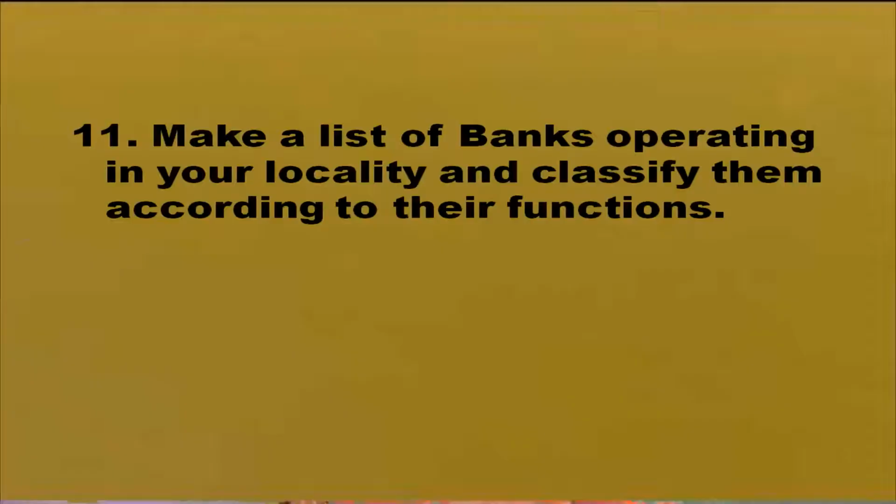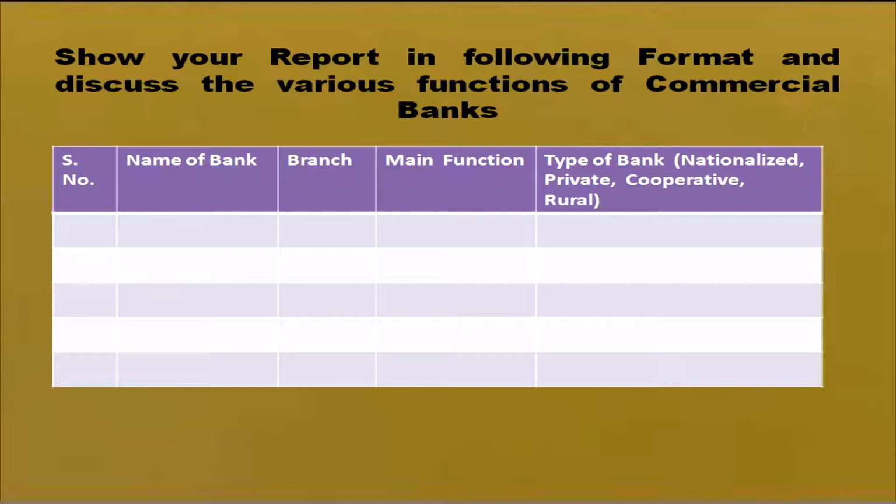Another report, make a list of banks operating in your locality and classify them according to their functions. You can prepare a report like this: serial number, name of bank, branch, main function, type of bank, whether it is a private bank or cooperative bank or rural bank.